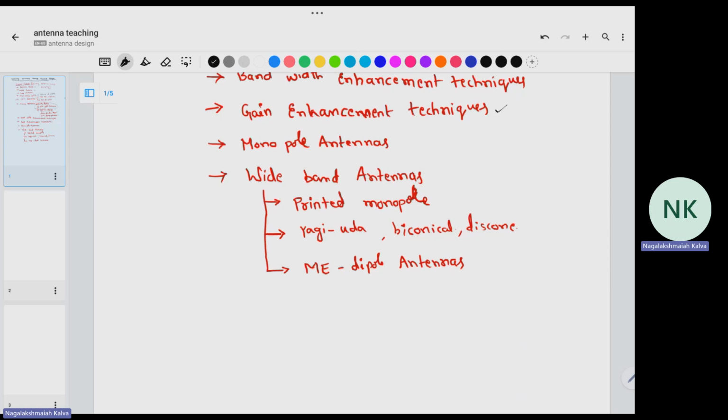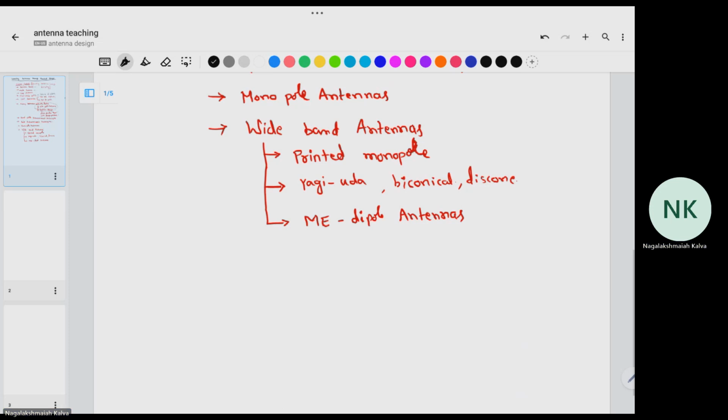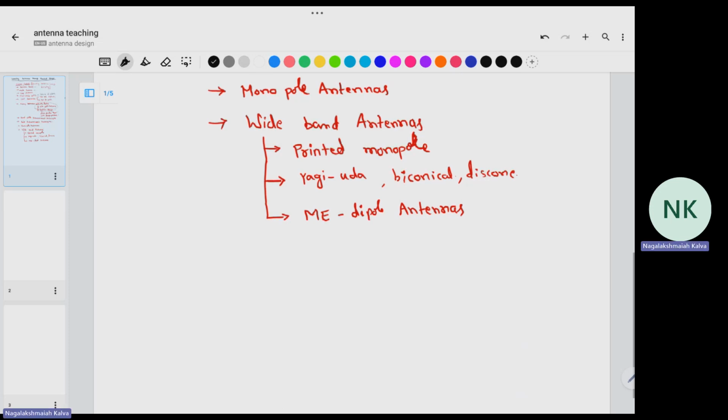Later part, we'll go ahead with monopole antennas, which are wideband antennas. So it's a simple type of wideband antenna where it doesn't bother about radiation pattern direction. So its directionality property we'll least think about. And once monopole is completed, we'll go for wideband antenna techniques like printed monopole.